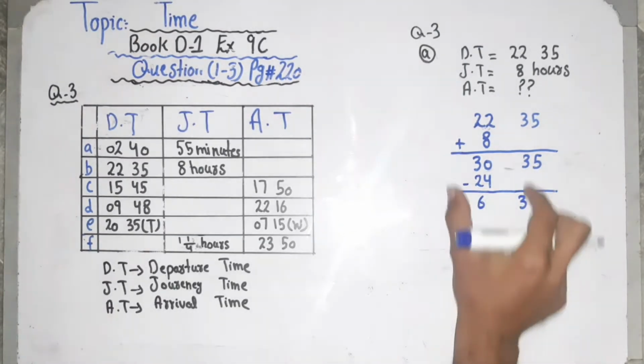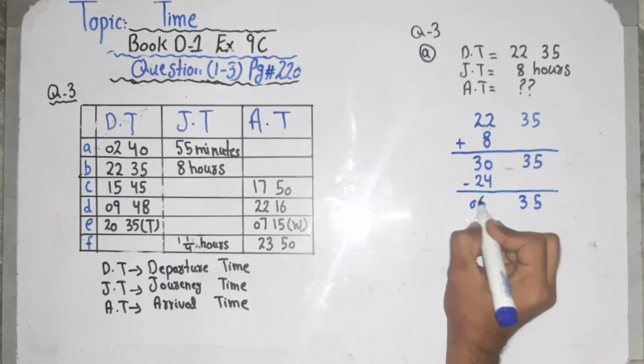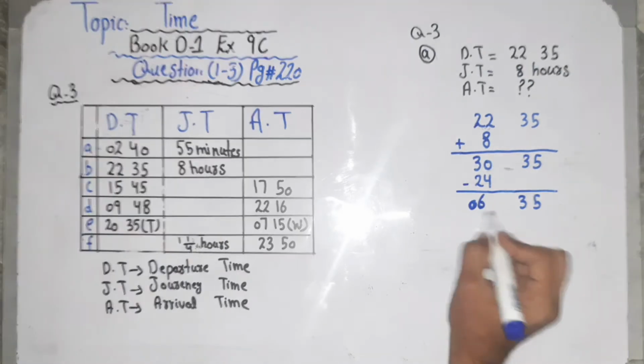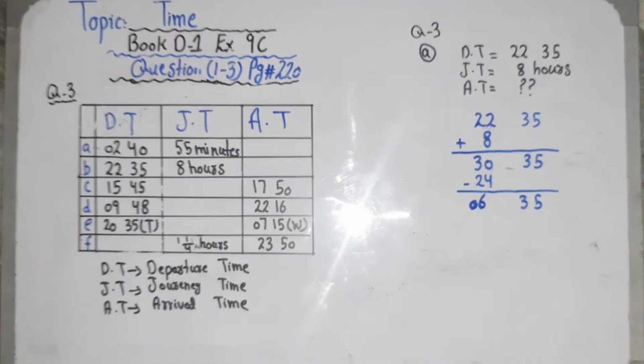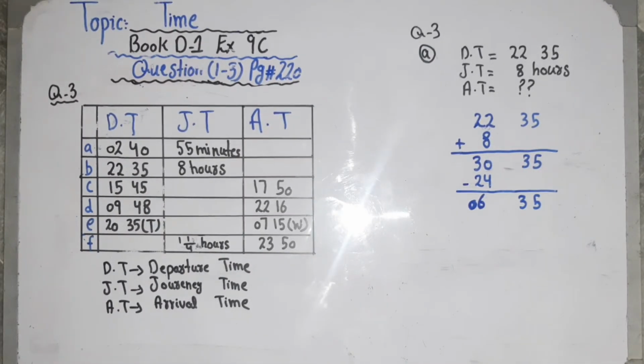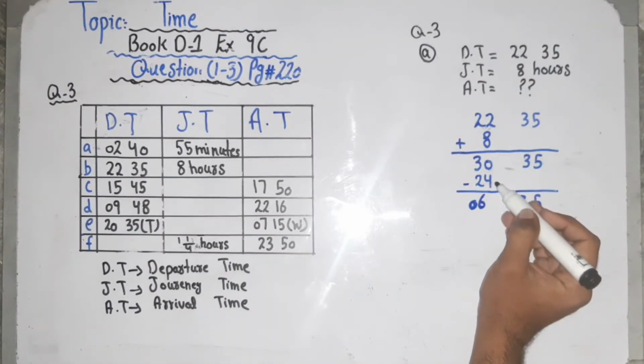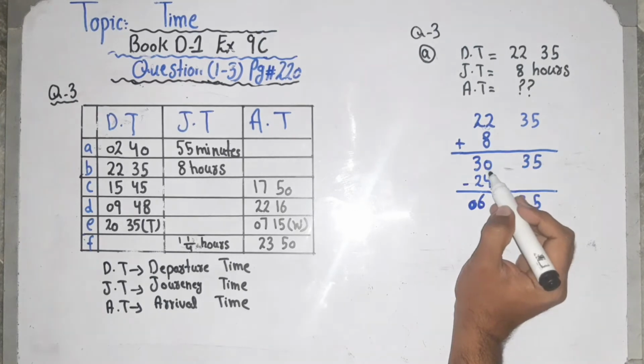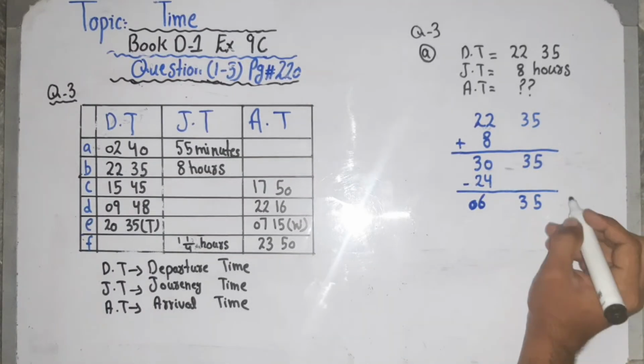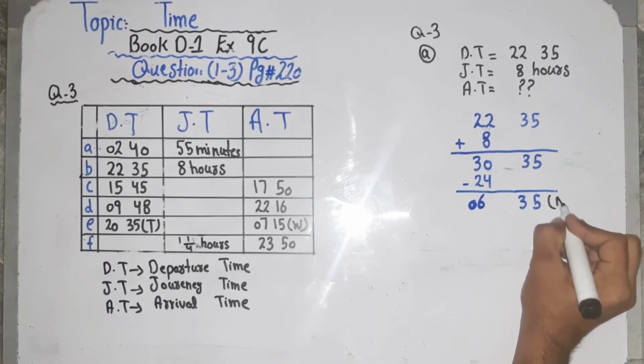As we are writing this in a 24-hour clock, we must write 0 before 6. Since we subtracted 24, as soon as hours exceed 24 the next day starts, so we have to mention next day in the answer.